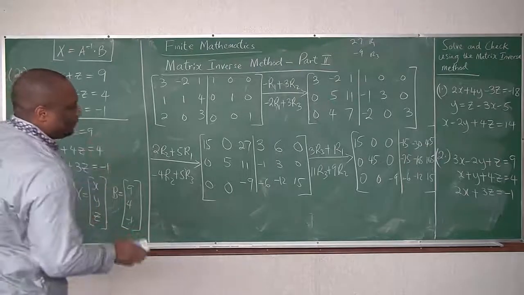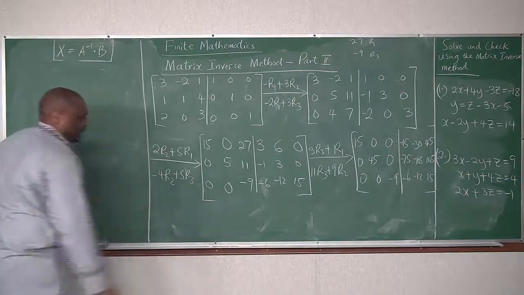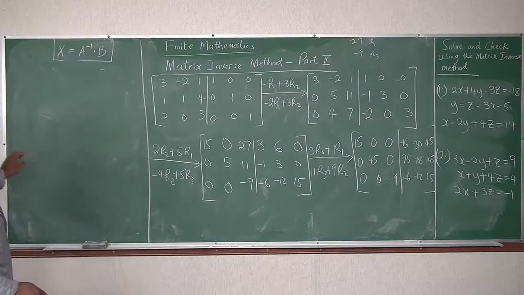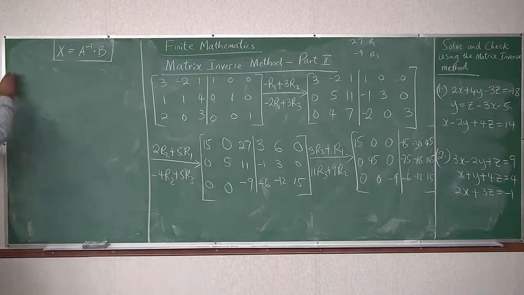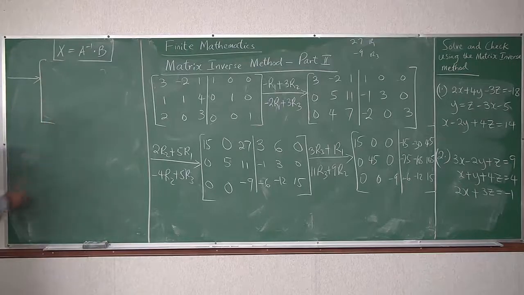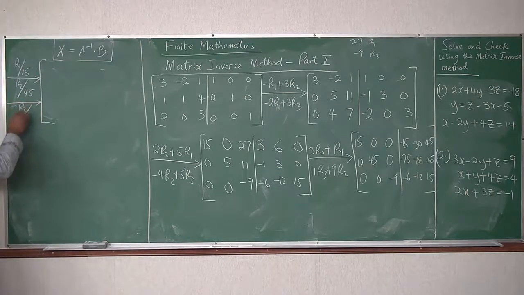We now have R1 over 15, R2 over 45, and then negative R3 over 9.